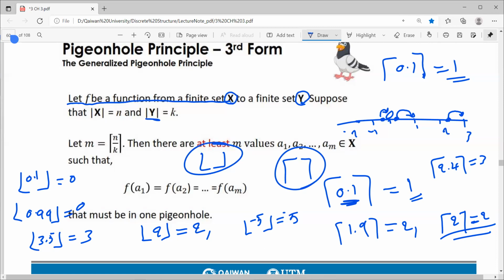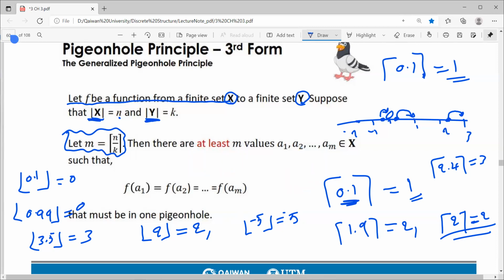Here we say if the cardinality of X is n, that means you have n elements in X, and you have k elements in Y, then we let m be the least integer function of n over k. We divide n by k, and then we take its least integer function.